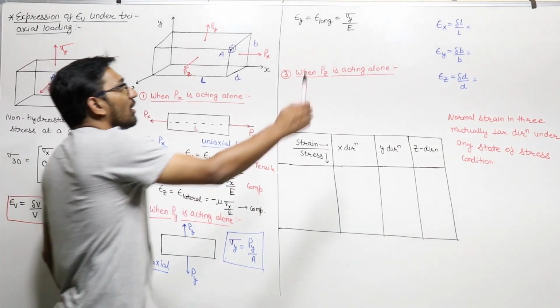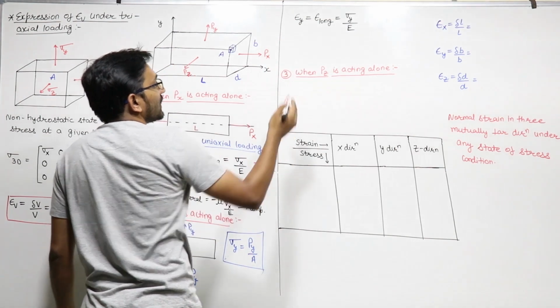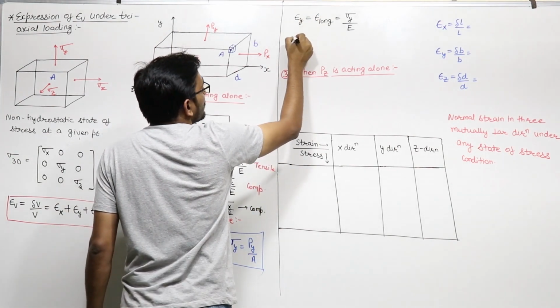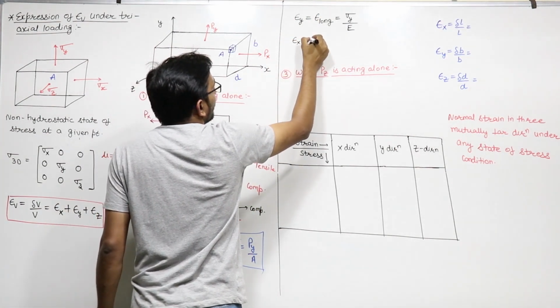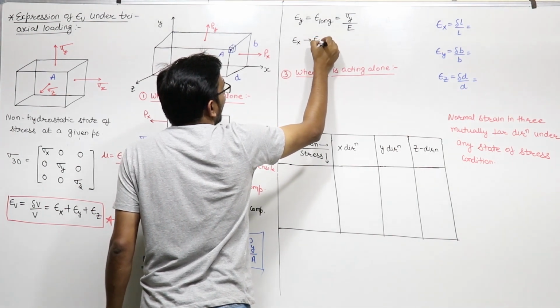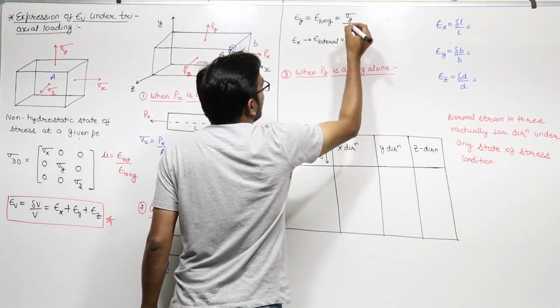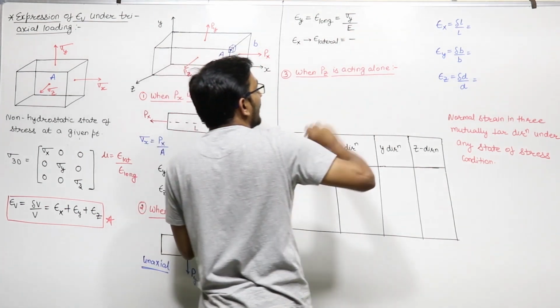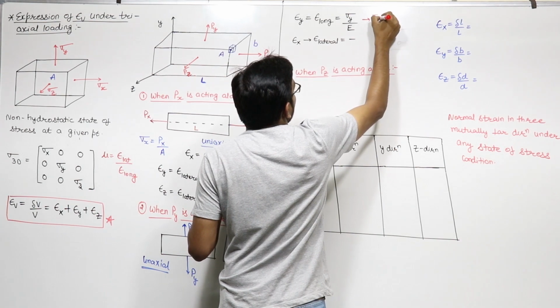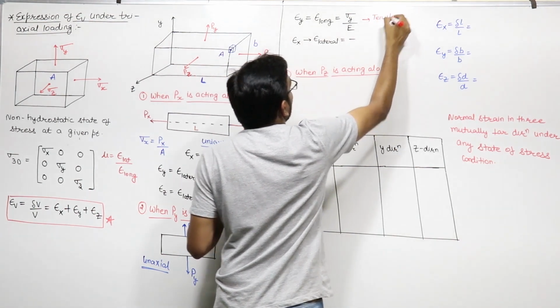So if there is a longitudinal strain in the y direction, then because of it there are lateral strains in the x and z directions, and lateral strain will be of opposite nature. This is tensile, so the lateral strain will be compressive.